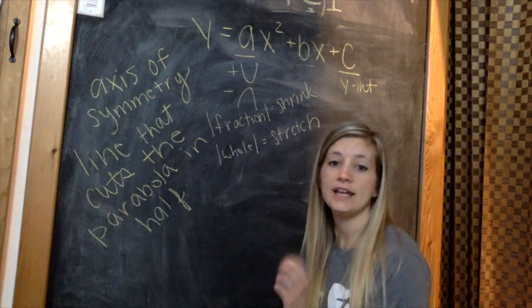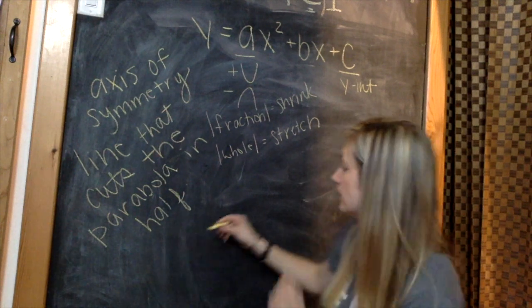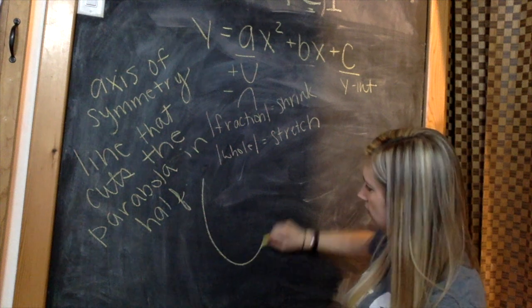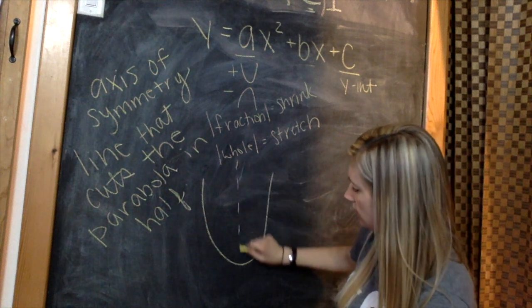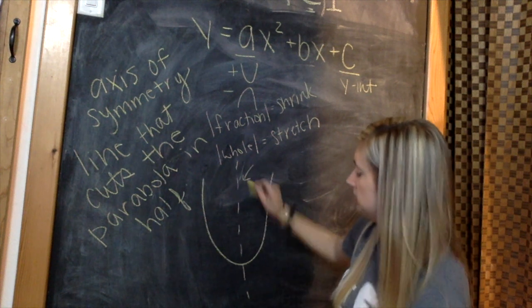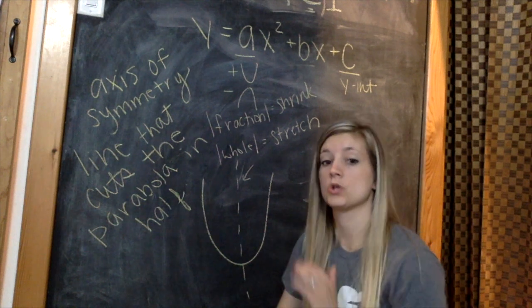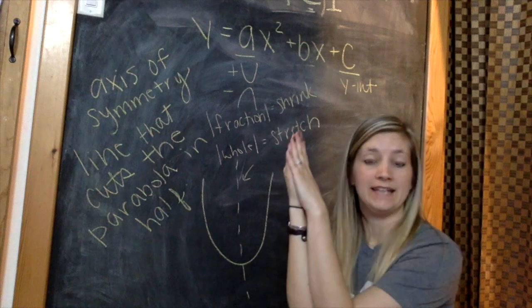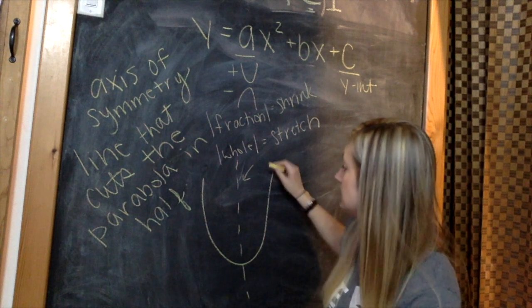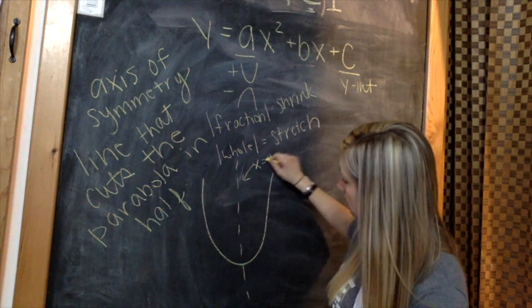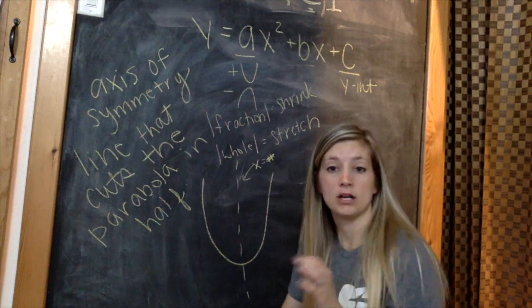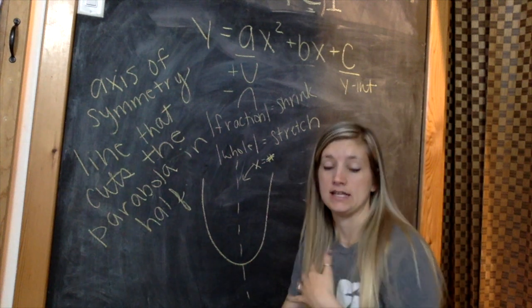If you have a picture of it, it is this line right here. Since this line is vertical, going straight up and down to fold that parabola in half, it is going to be an x equals line. And then the number is going to depend on where that line is at.